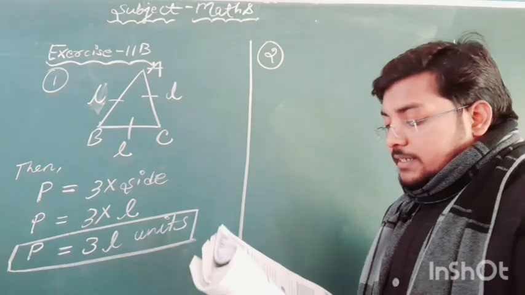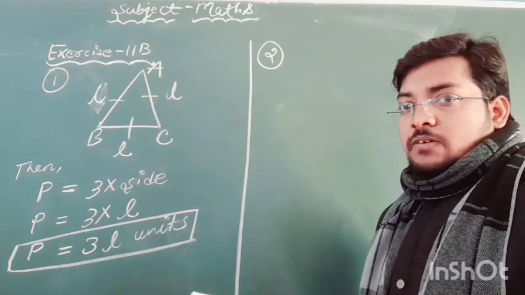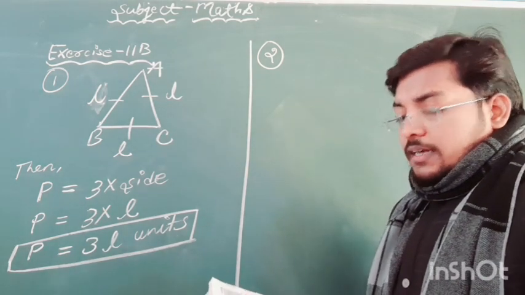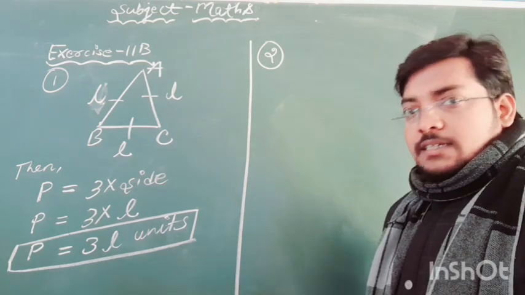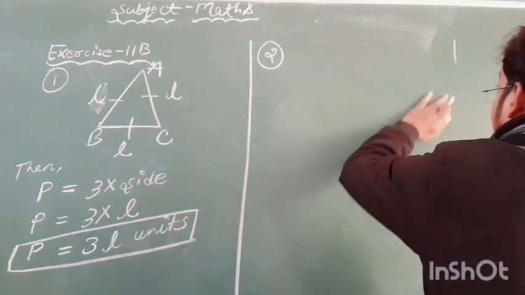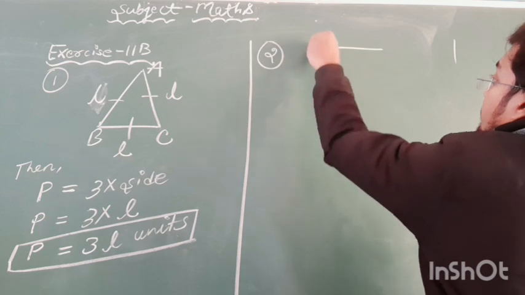As we know that a rhombus is a type of quadrilateral in which all sides are equal, and it is also a parallelogram.